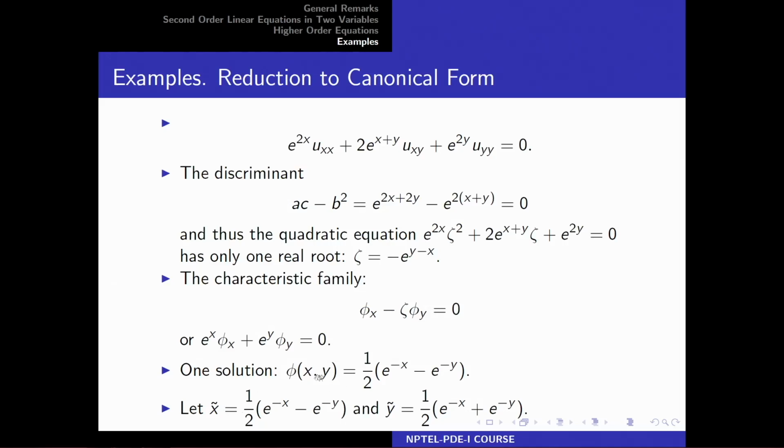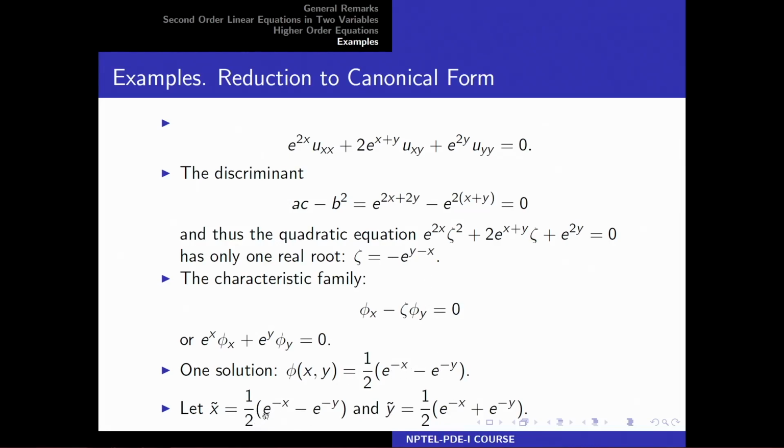So, we got one phi, and in this case we are free to choose the second function psi in whatever manner we want, as long as the non-singularity condition is satisfied. So, x tilde equal to this one, and I put y tilde. This is coming from that one family of characteristics.